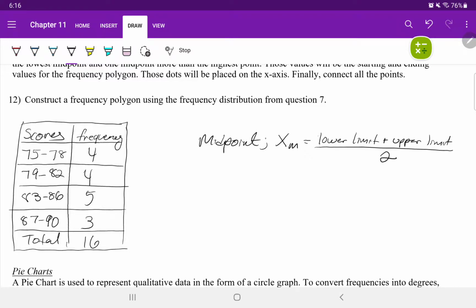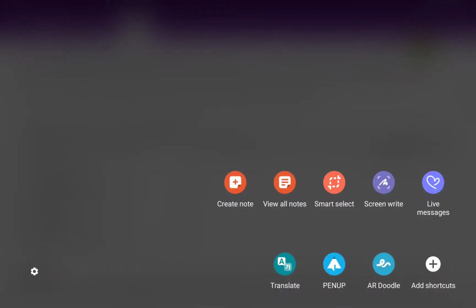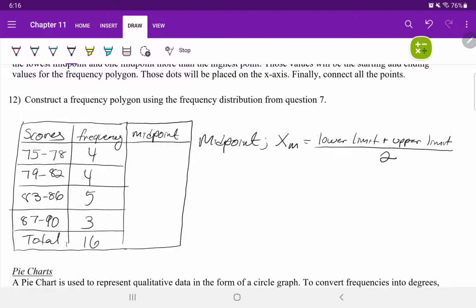So let's create another column on our frequency distribution. And we're going to call that column midpoint. And like I said, this is essential for when it comes to finding the mean of a grouped frequency distribution.